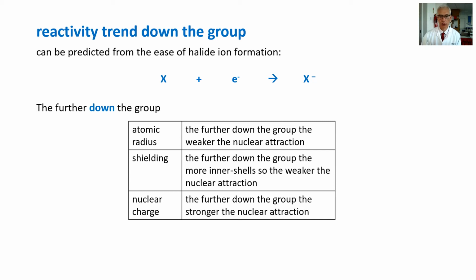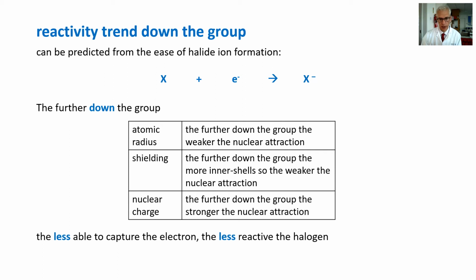Due to an increase in atomic number, in fact, the nuclear attraction increases. However, the main influence is atomic radius, coupled with changes in inner shell shielding, means that as we go down the group, the halogen is less able to capture the electron, and the halogen is therefore less reactive.